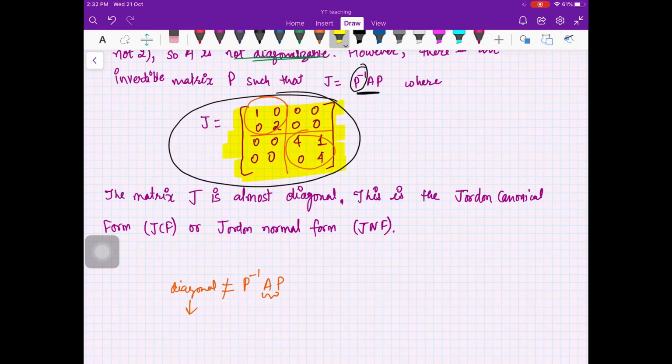So we will now be studying under what conditions matrices have a Jordan canonical form. That is, under what conditions you can find an invertible matrix P such that P inverse AP is in Jordan canonical form. This is what we are trying to achieve in the coming videos.